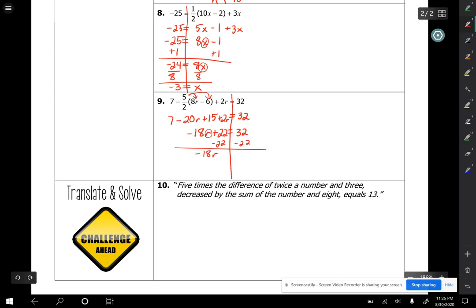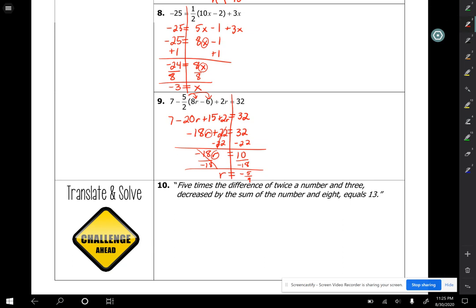Negative 18r equals 10. Divide by negative 18 on both sides to solve for r. R equals negative 5/9, reduced, because it doesn't work out nicely.